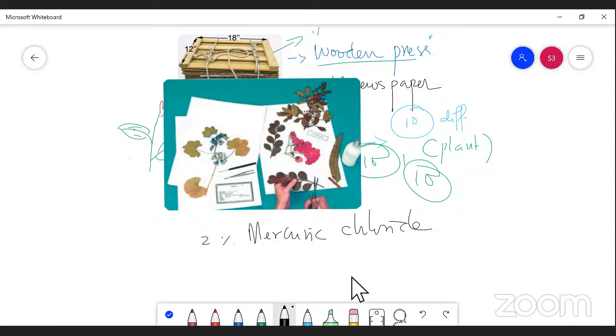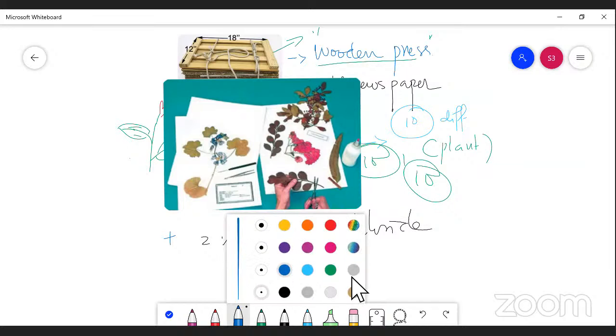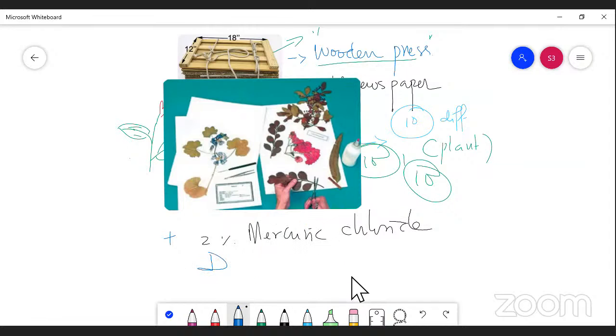This mercuric chloride, which is considered a fungicide or pesticide, is going to protect this herbarium from the attack of pests, insects, and fungus. Not only that, one more chemical is also used, that is DDT.